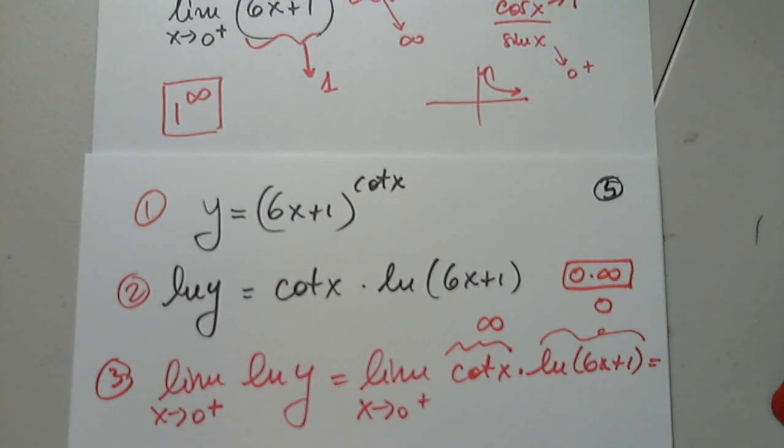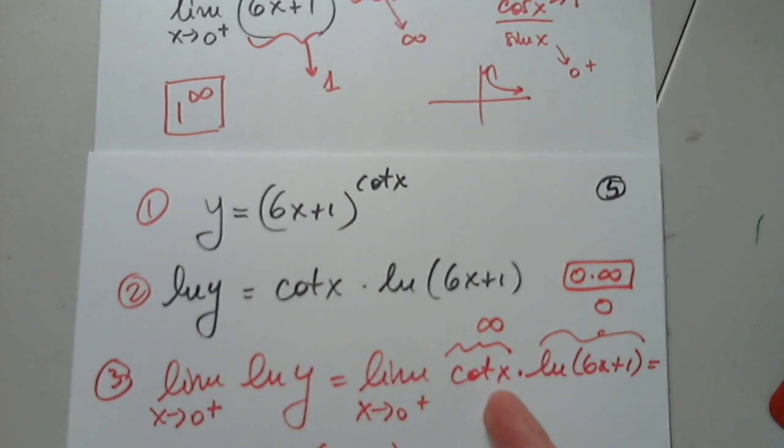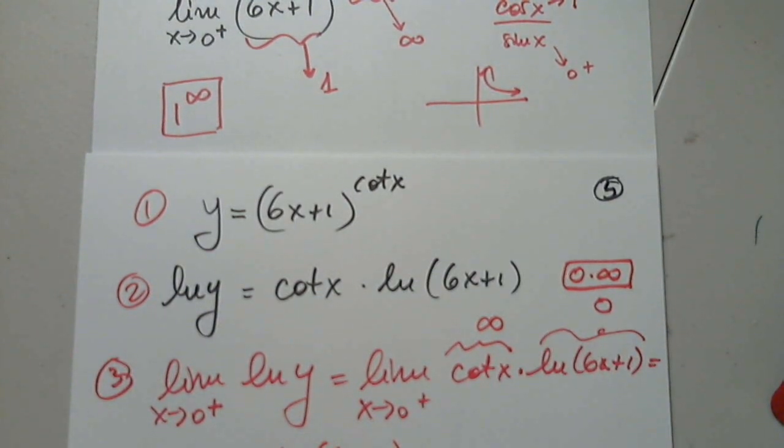So limit as x approaches 0 from the right, we write natural log of 6x plus 1 over... Cotangent is 1 over tangent, so 1 over cotangent is tangent. I kept natural log as is.